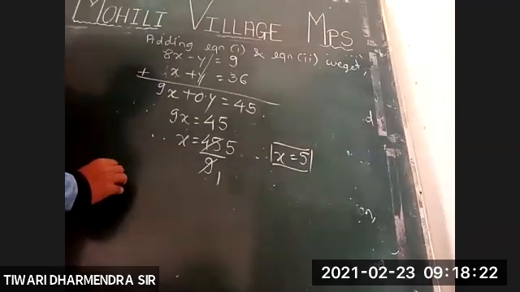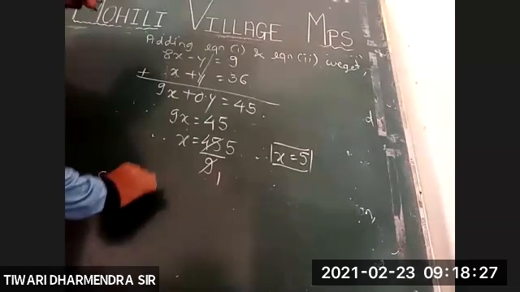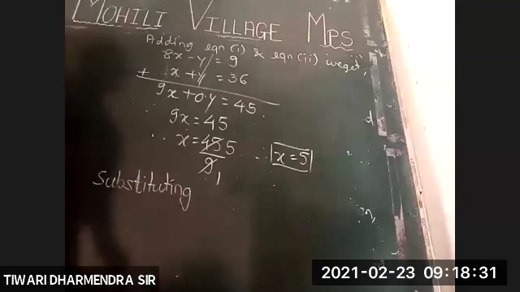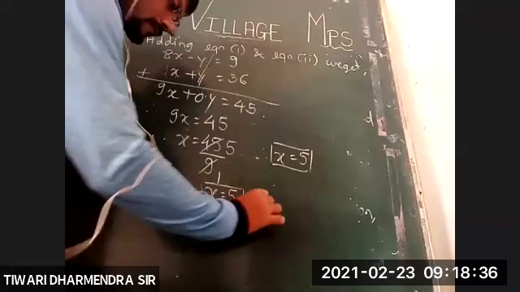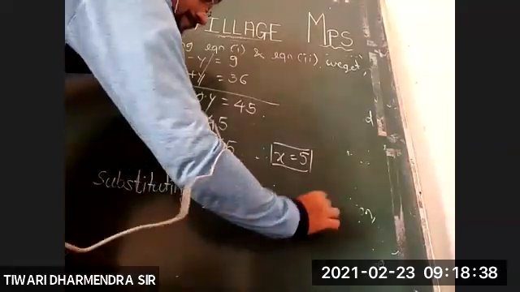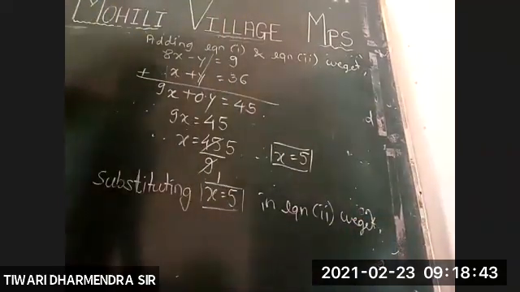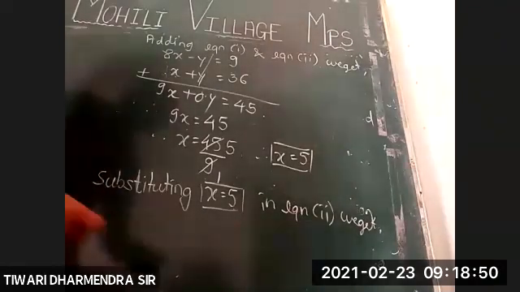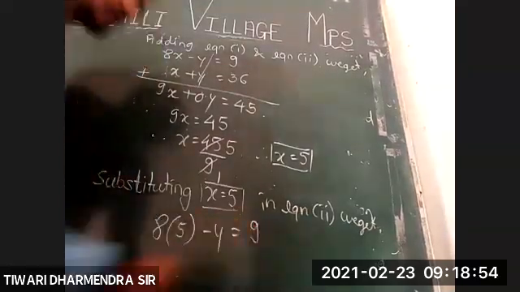Substituting x is equal to 5 in equation 2, what do we get? Equation 2 was 8 into 5 minus y is equal to 9.